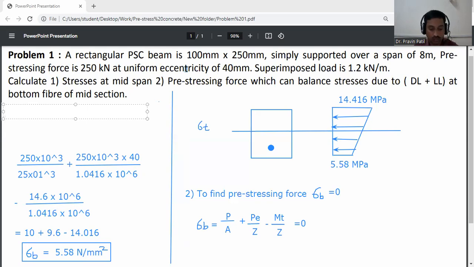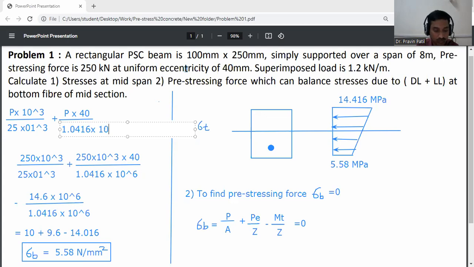So P into 10 to the power 3 divided by the cross sectional area, 25 into 10 to the power 3, then plus P e by Z, where e is the eccentricity, given as 40 mm, divided by Z, which is 1.0416 into 10 to the power 6.